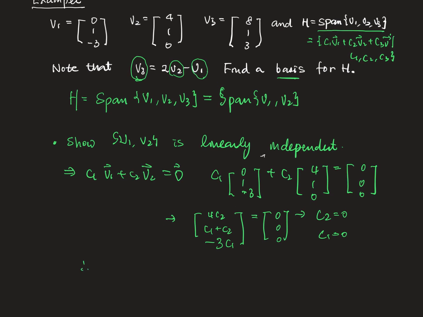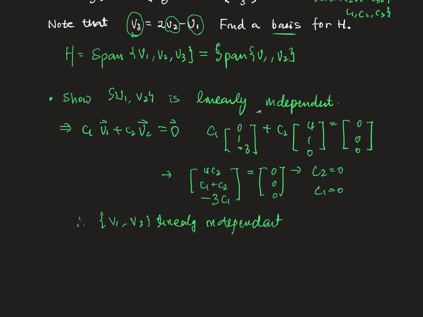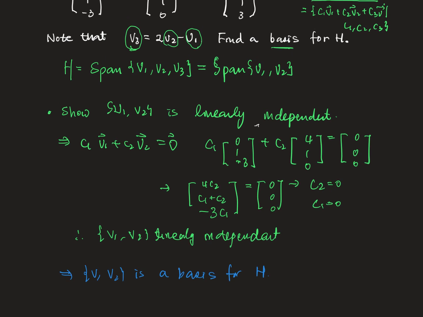So we proved V1, V2 are linearly independent. So V1, V2 is a basis for H.